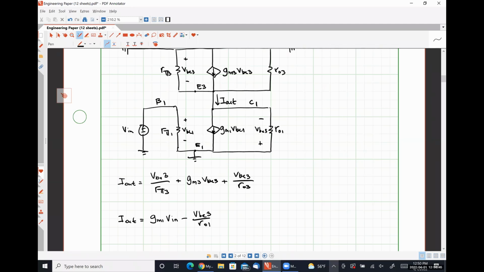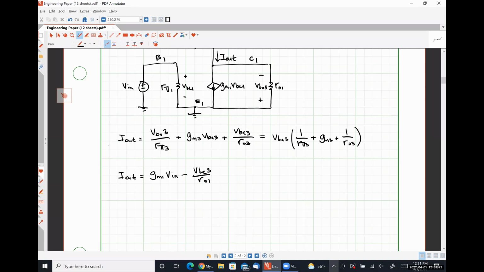And if we look at this guy over here, our original KCL expression, we could pull out VBE3. And this would give us 1 over R pi 3 plus GM3 plus 1 over R naught 3.